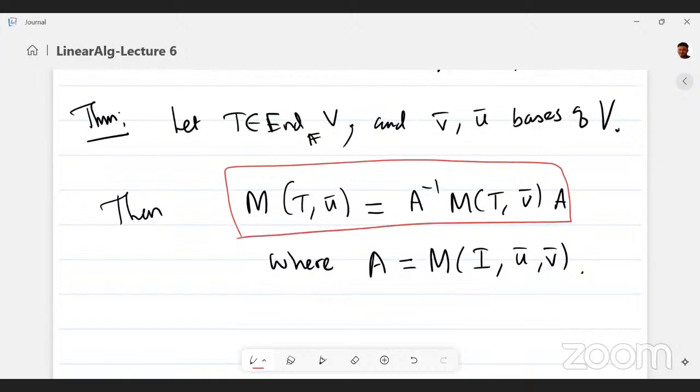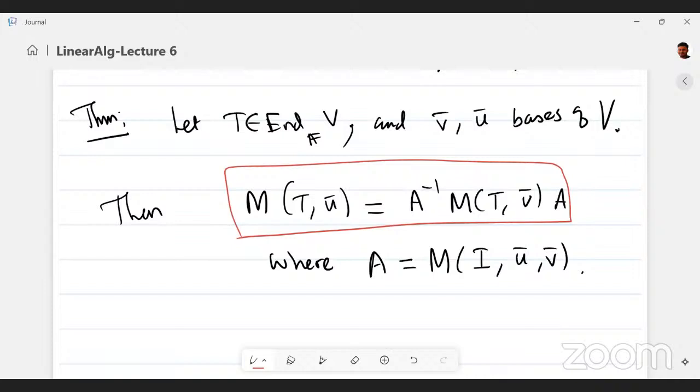Given a linear transformation T, you can talk about the matrix of T with respect to some fixed basis. Now what I am trying to understand is what happens if you change that basis. Then I can talk about the matrix with respect to the new basis.